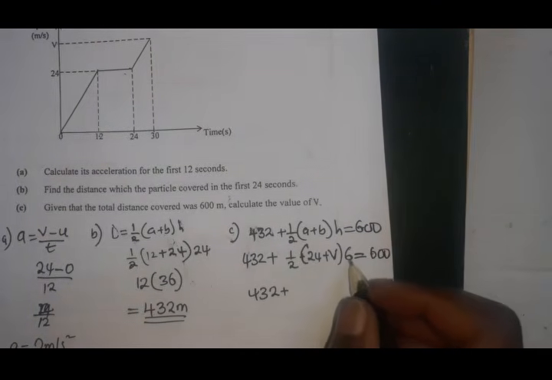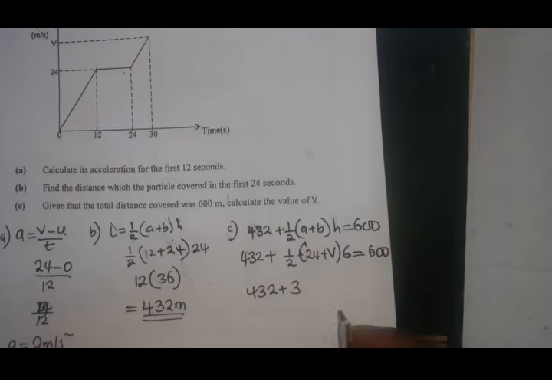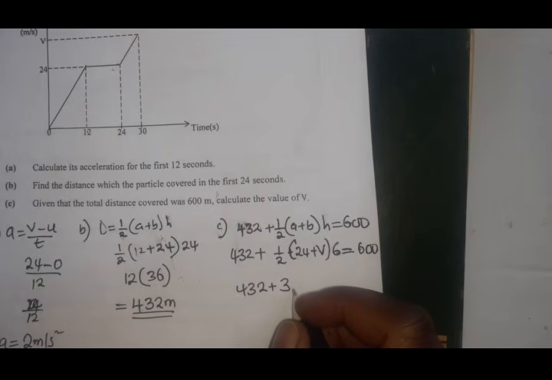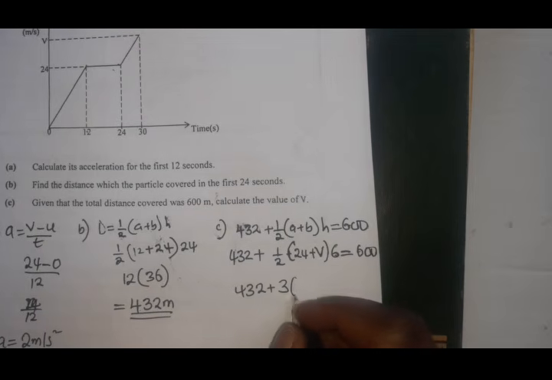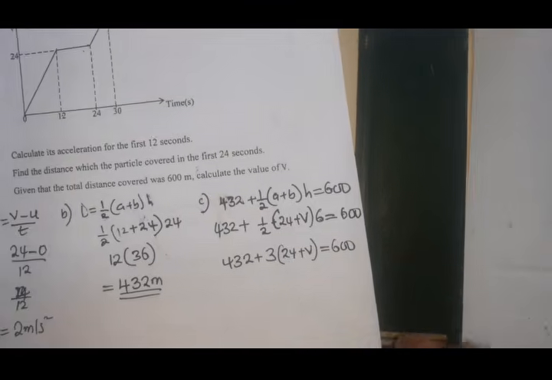So 2 into 6, we get 3. So we have 3 times (24 plus v) equals 600.